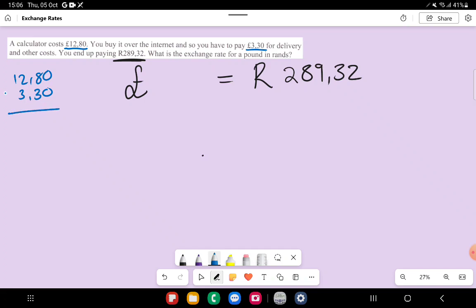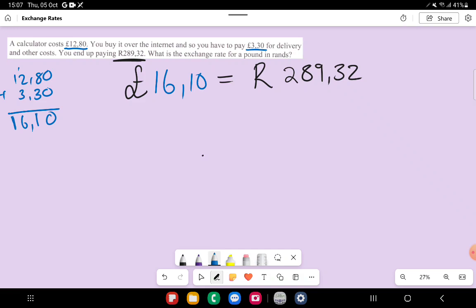So we need to add them up to get the total for the pounds. So in total, we've got 16 pounds and 10 cents. Okay, so we are making an equation saying 16 pounds and 10 cents is equal to 289 rand and 32 cents.